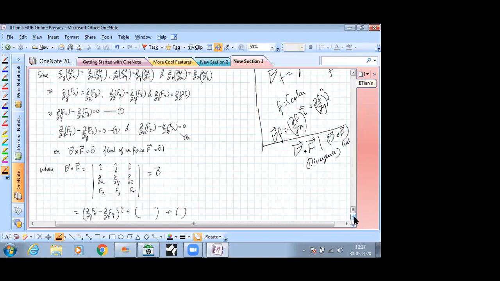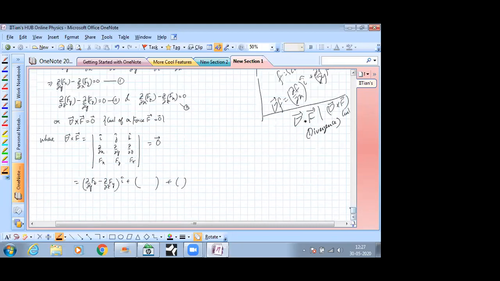Okay, so ultimately this becomes the easy way to check, this operator del cross. This becomes the easy way to check, even in a three-dimensional system, whether a given force is conservative.